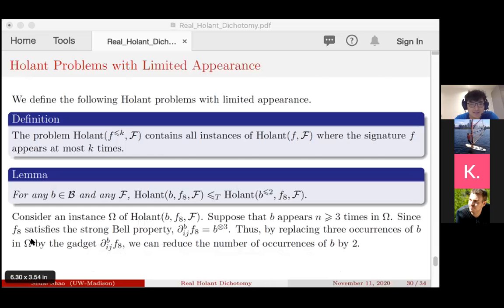Since this signature f8 satisfies the strong Bell property, by merging this signature using one copy of B, we can get a tensor product of 3 copies of B. So we can use one copy of the Bell-binary signature B to produce 3 copies of B. Thus, replacing 3 occurrences of B in this instance by this merging gadget using B, we can reduce the number of occurrences of B by 2. So eventually, we can reduce this instance to an instance where B appears no more than twice.